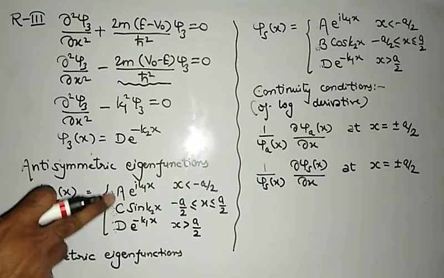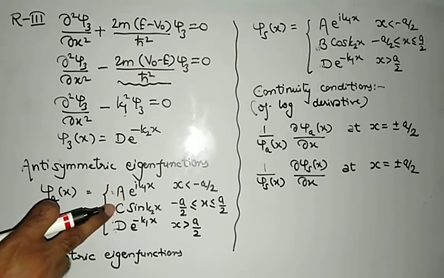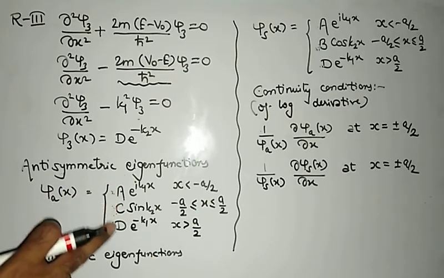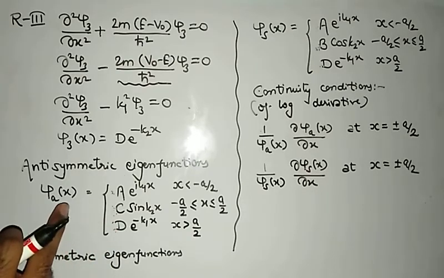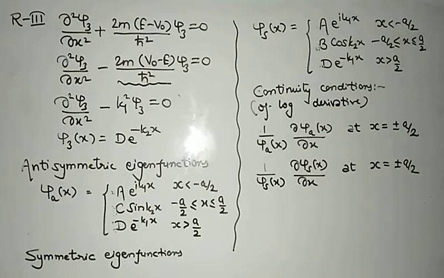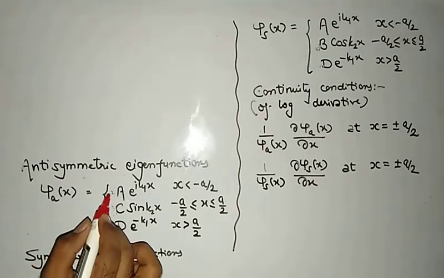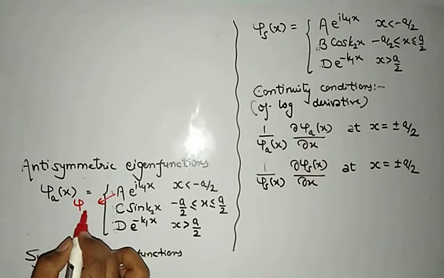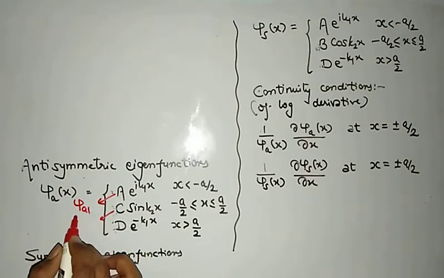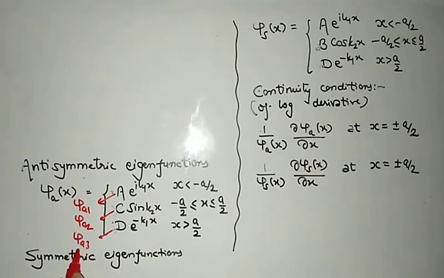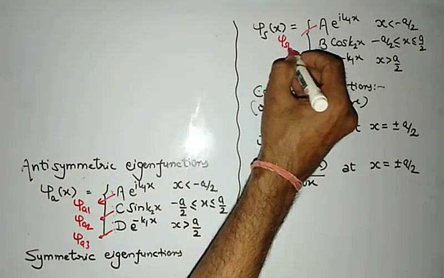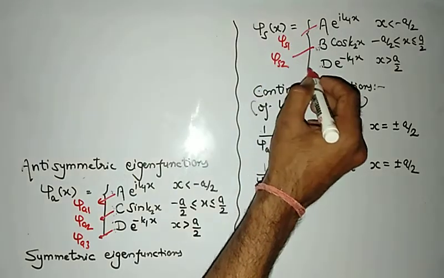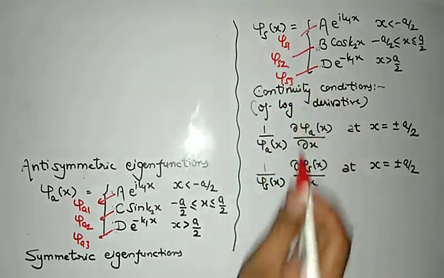So we will equate these two, first second, at boundary of minus a by 2 and at boundary a by 2 we will evaluate for this. So doing for this, first suppose this is psi a1, this is psi a2, and this is psi a3, and here this is psi s1, psi s2 and psi s3.